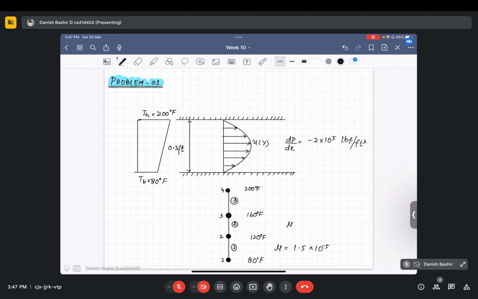Viscosity in this element is mu equal to 1.25 into 10 to the power minus 5. Since temperature is increasing, viscosity is decreasing. That's a natural law. And mu in this element is given to be 0.9 into 10 to the power minus 5. Okay. So we have a three element model.